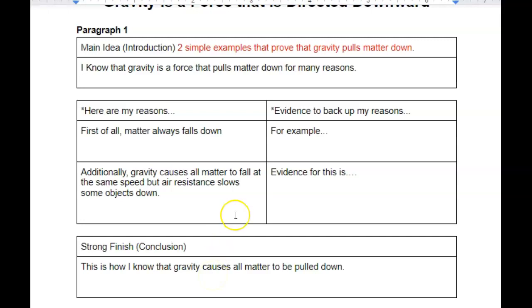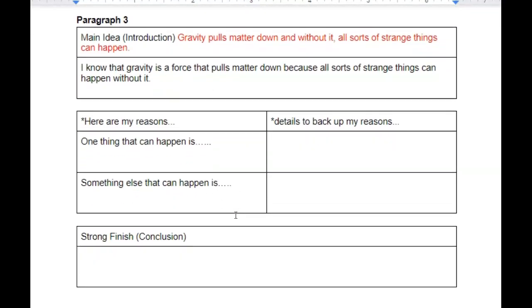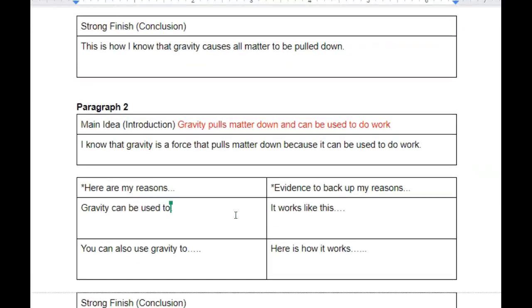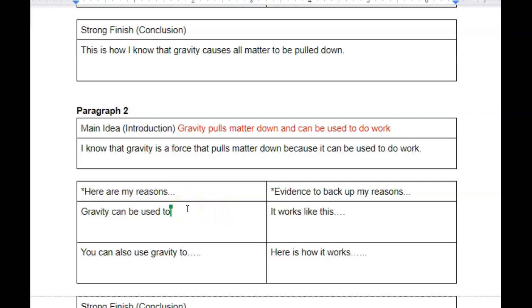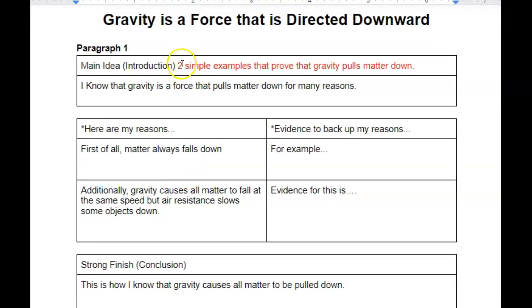Okay. This time, however, you're going to write 1, 2, 3 paragraphs. So you have 3 different graphic organizers, and each graphic organizer has a different topic, right? So paragraph 1 is going to be about just some simple examples that prove that gravity pulls matter down.